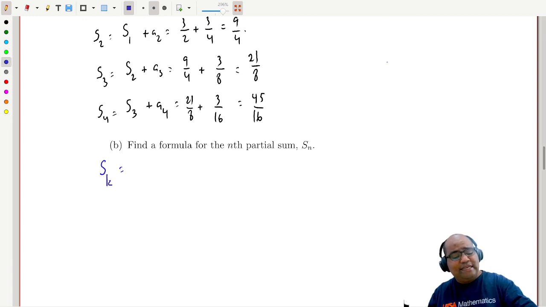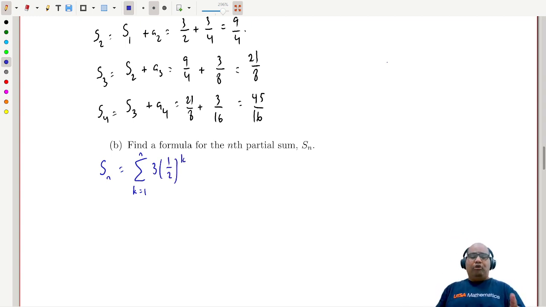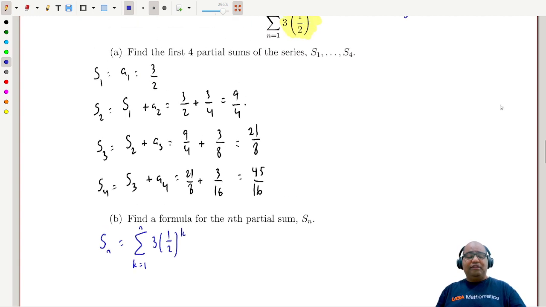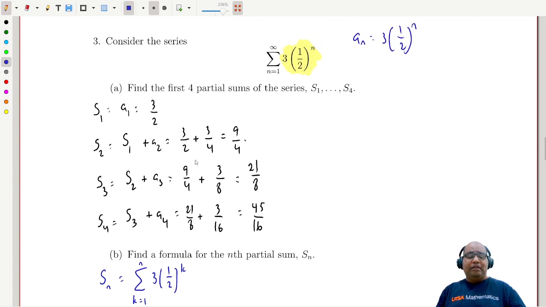So let's write the following here. Sn is going to be the sum from k equals 1 to n of 3 times 1/2 to the kth power. Okay, notice that all we've done here is relabel the variable of summation from n to k.